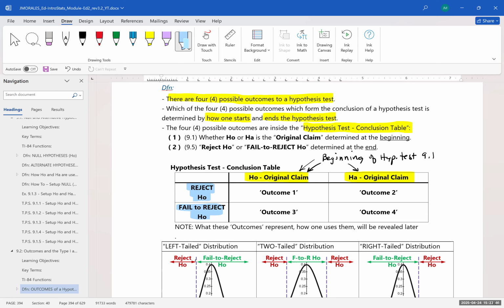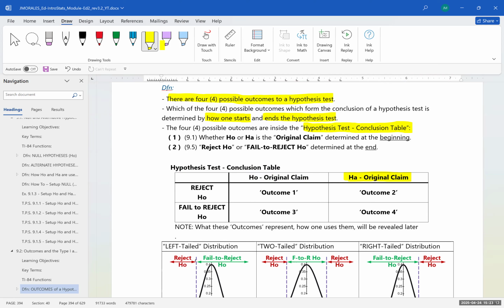Now, how does rejecting or failing to reject, and the null or the alternate being the original claim, get you any one of these outcomes in here? Well, kind of simple. So let's say you're working on a hypothesis test and the alternate hypothesis was the original claim. And then by the time you were done with the hypothesis test, you come to the conclusion that you're going to fail to reject the null.